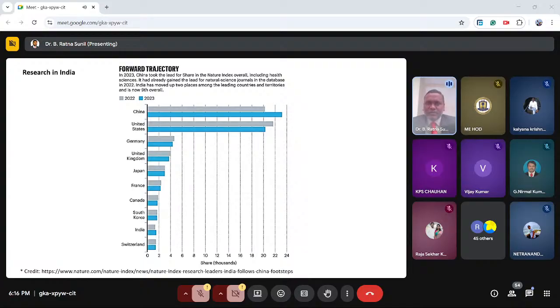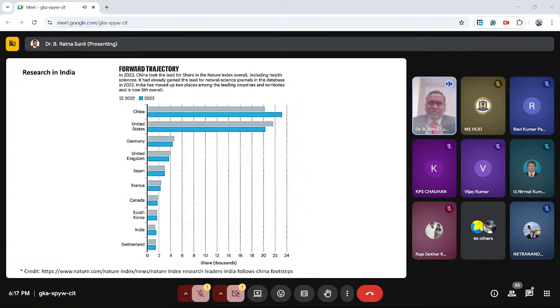You can see China and the US, and if you randomly name the top 10 developed countries with scientific or technological achievements, in terms of new inventions, new businesses, new companies or new products, you will find these names: Germany, UK, Japan, France, Canada, South Korea, right?